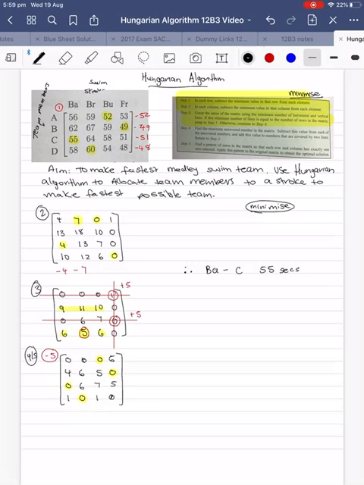The next one is breaststroke. Breaststroke is going to be person D, and that takes 60 seconds. The next one is butterfly. Butterfly is going to be person A, and that takes 52 seconds. And the next one is freestyle, and that's going to be person B, and that takes 49 seconds.